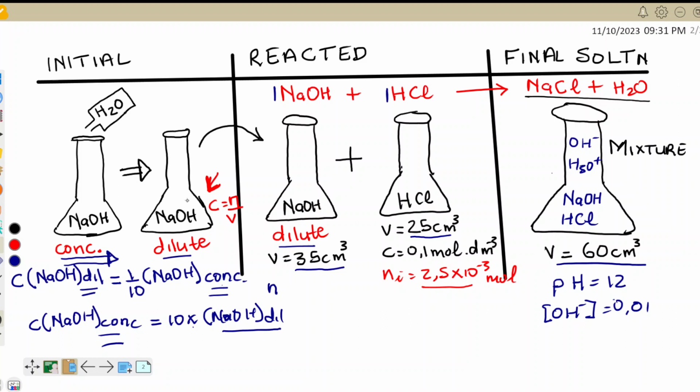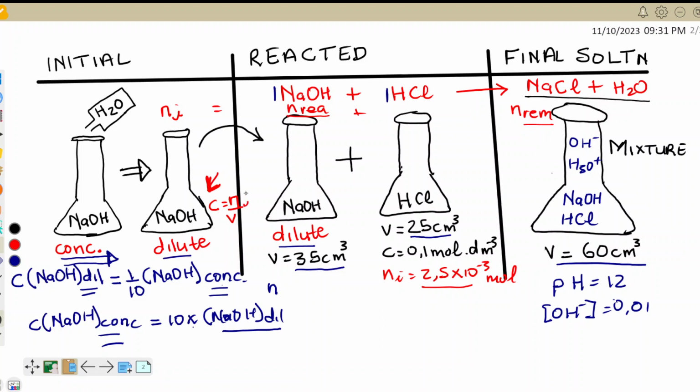The number of moles initial, remember this is initial, is equal to the number of moles that reacted for the dilute plus the number of moles of the final solution. So we look at the number of moles of the final solution for the base, and then we add the number of moles reacted to get the number of moles initial.